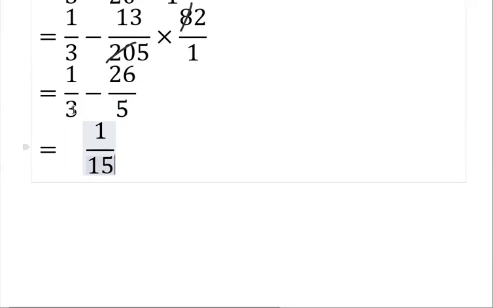Awesome. So how many times will 3 go in 15? That's 5 times. 5 times 1 will give us 5. Since we are dealing with subtraction, minus. So how many times will 5 go in 15? That's 3 times. 3 times 26 will give us 78.